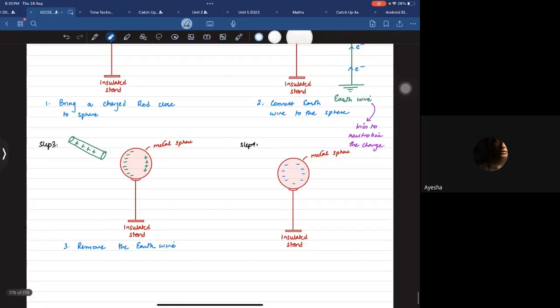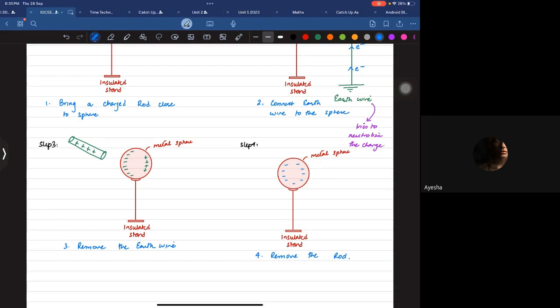In step 4, we are gonna remove the rod. It's very important, by the way, to do that. If you do not remove the rod, then, like when you remove the rod, it will be a negatively charged sphere.